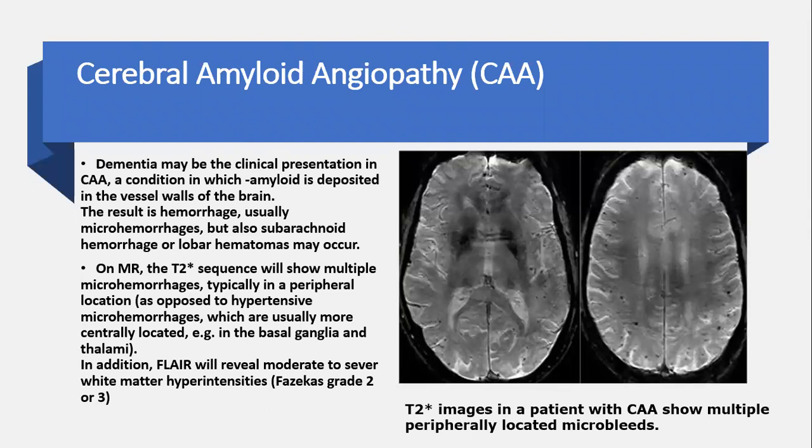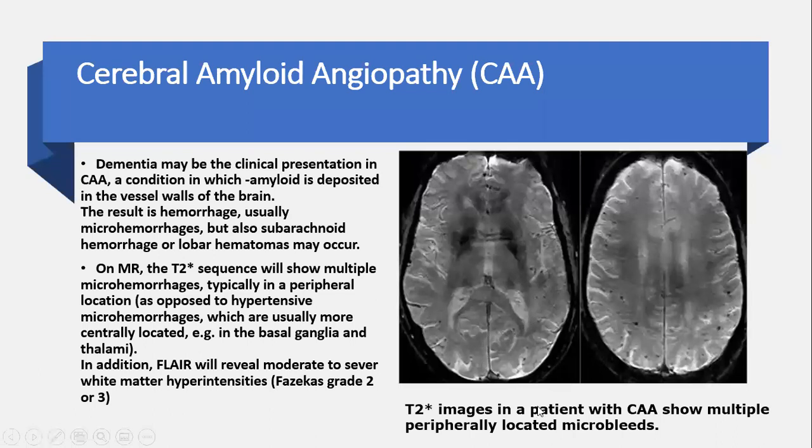On MR, as we see here, the T2 star sequence will show multiple microhemorrhages, as we see here in this photo, which is typically peripheral in location, as opposed to hypertension. In hypertensive microhemorrhage, the microhemorrhage will be central in the basal ganglia and the thalami.